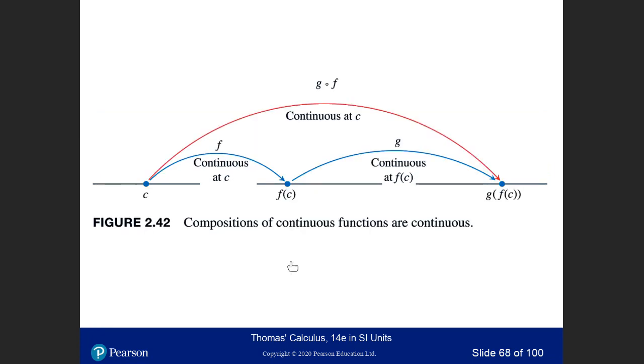See, that's a pictorial representation. So you have f continuous at c, and this is f of c, and f of c is in the domain of g. So g is continuous at f of c, then the composite function is continuous at c.